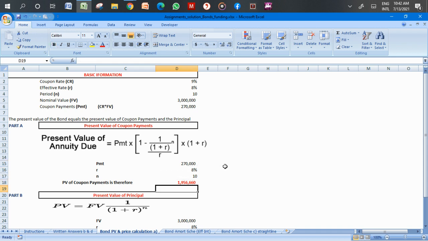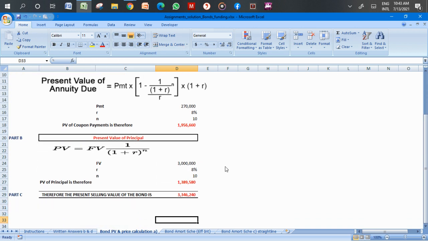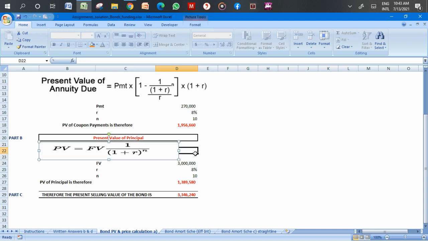Then we go to the present value of the principal, or the present value of the bond's face value. It's simple because after 10 years, we are going to pay back 3 million. So that is the future value. If we discount this to the present, the year 0, this is the formula: FV over (1 plus R) to the power n.